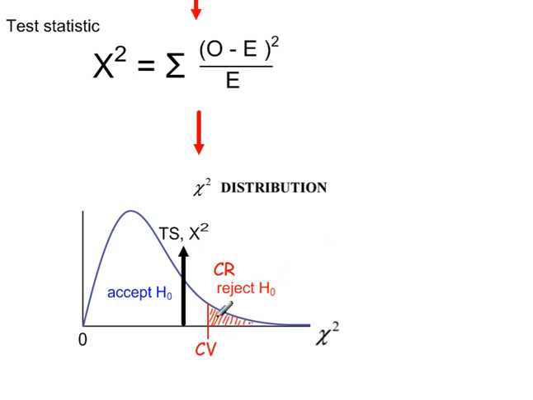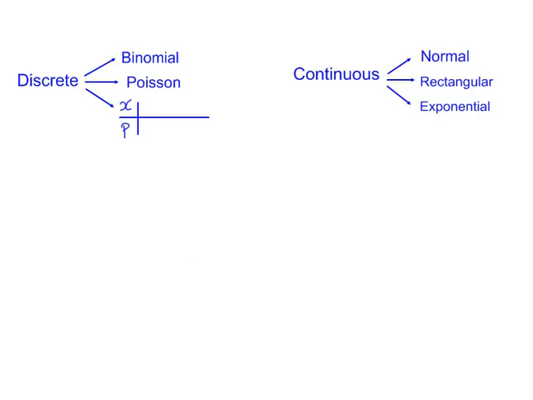It's always a one-tailed test. The critical region is always on the right hand side, the upper tail, and then you can either accept H0 or reject H0. So our hypothesis test will be carried out using one of these distributions, either something that's continuous or something that's discrete.